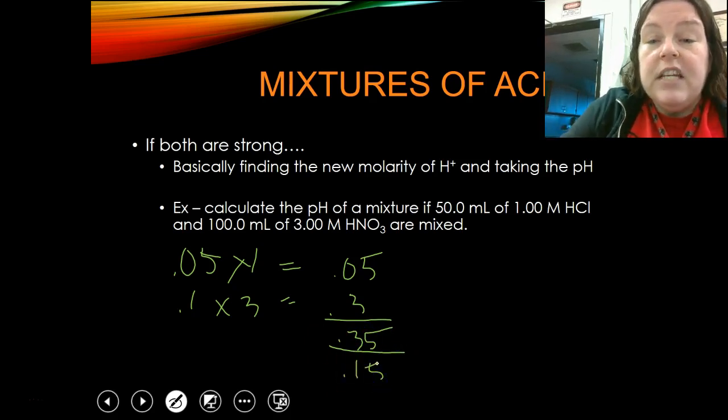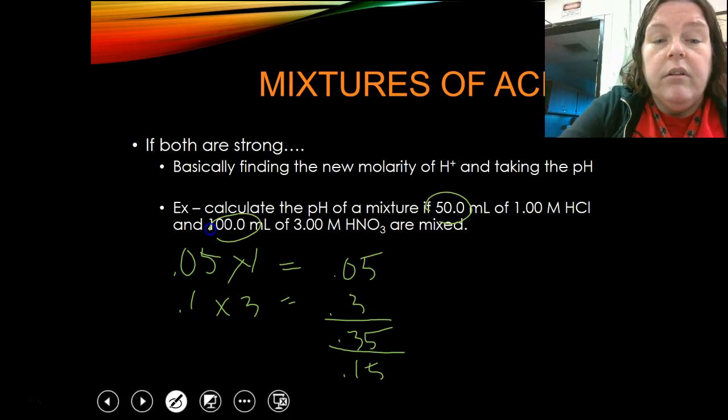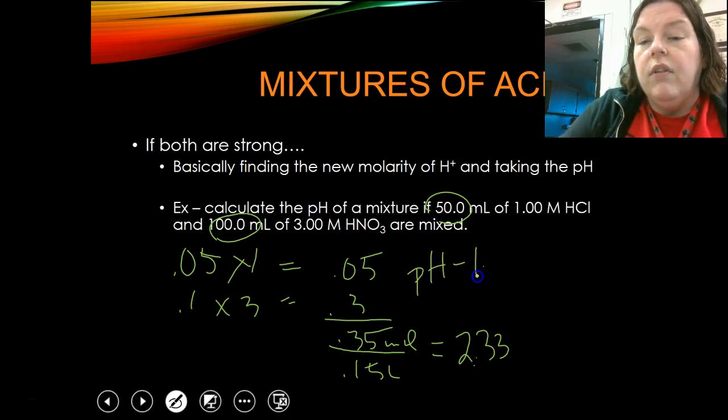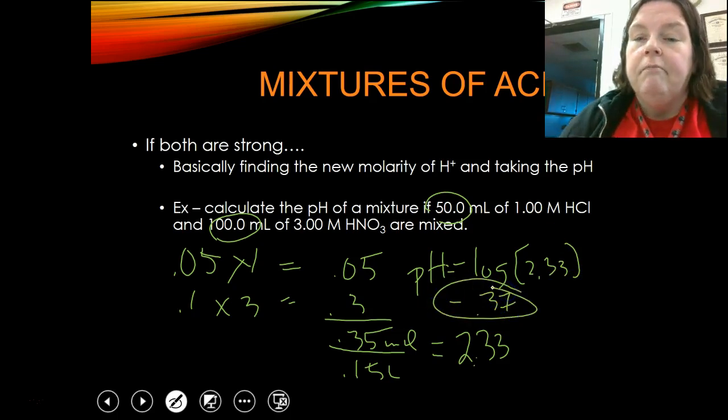Because we had 50 and 100 milliliters, so this is the liters, this is the number of moles, okay? So I get a new molarity of 2.33, okay? That's my new molarity. So pH is the negative log of 2.33, or negative 0.37. That's my answer right there.